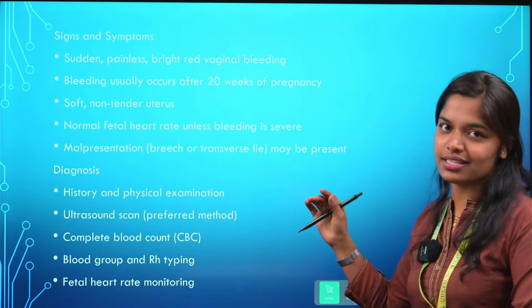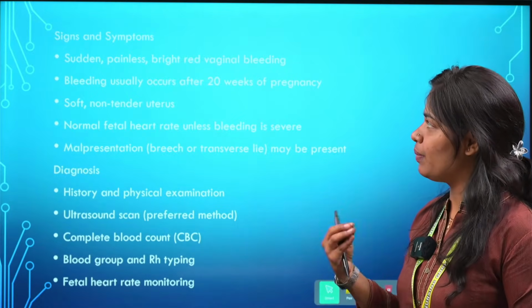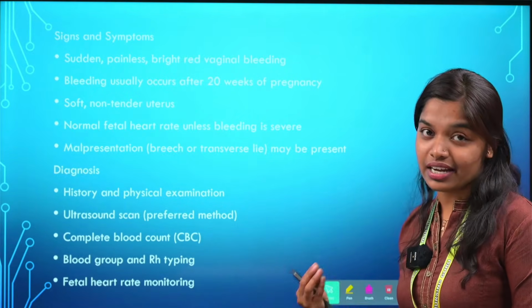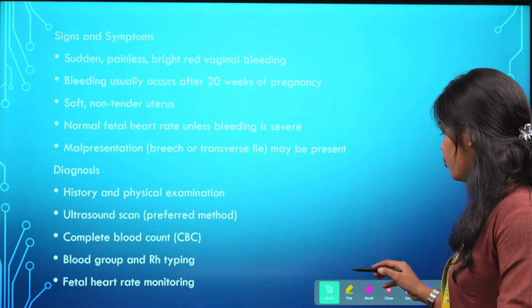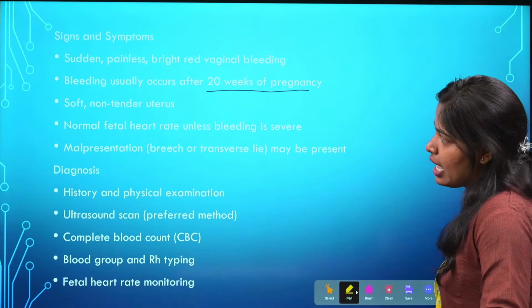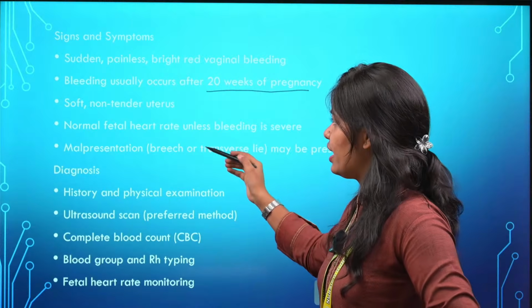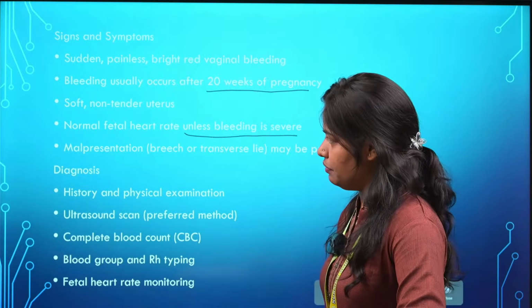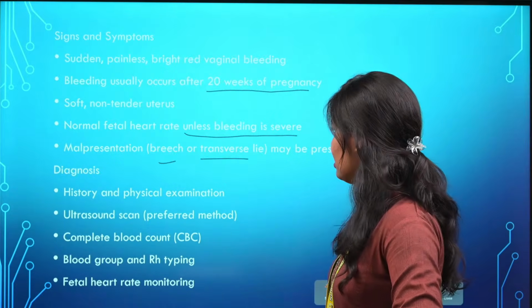Next, the signs and symptoms of placenta previa include sudden, painless, bright red vaginal bleeding. Bleeding usually occurs after 20 weeks of pregnancy, with a non-tender uterus and normal fetal heart rate unless bleeding is severe. Then malpresentation, it may be breech or transverse lie.